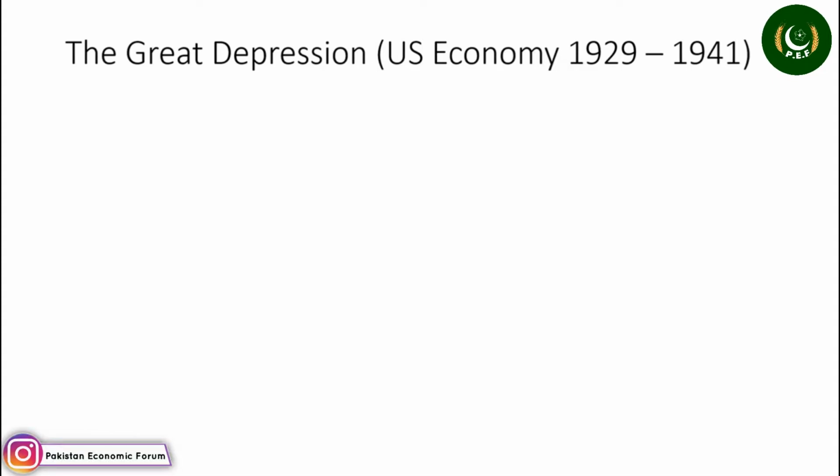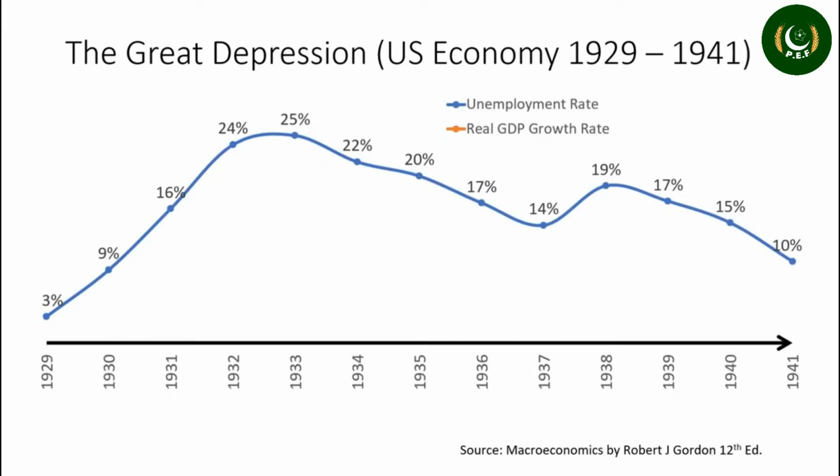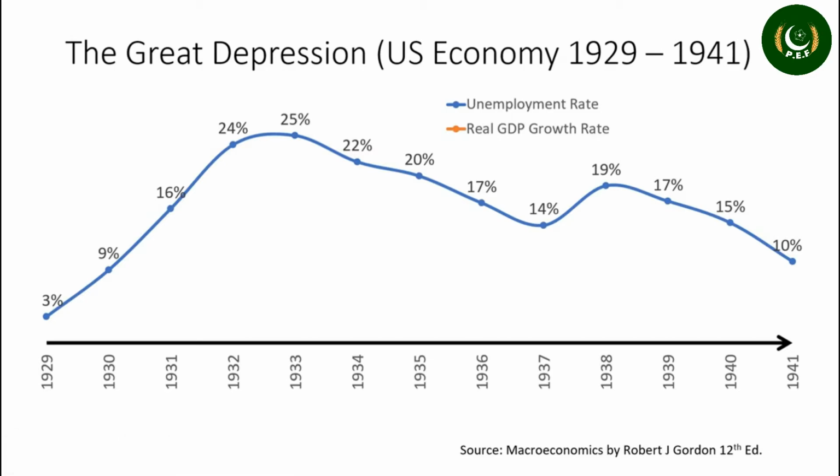Students, Keynes economics developed against the background of Great Depression of 1930s. The effect of depression on US economy can be seen in this diagram. This shows the annual unemployment rates for the year 1929 to 1941.